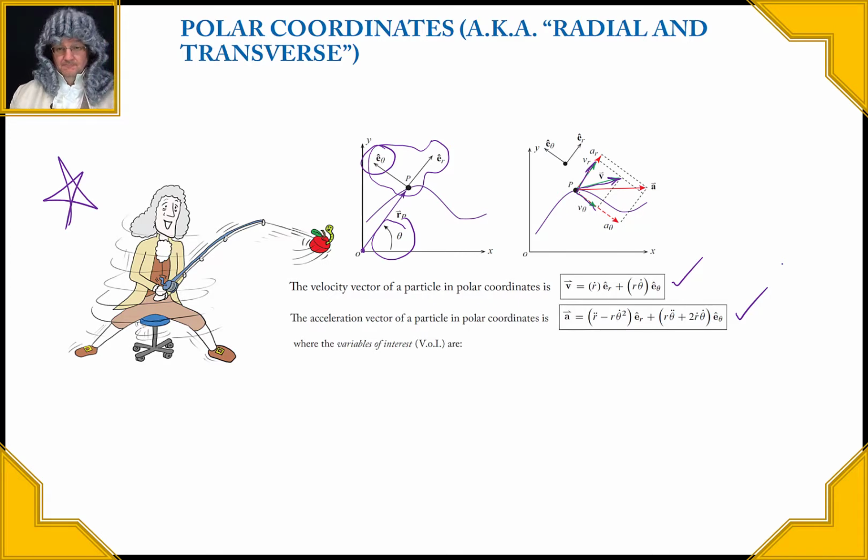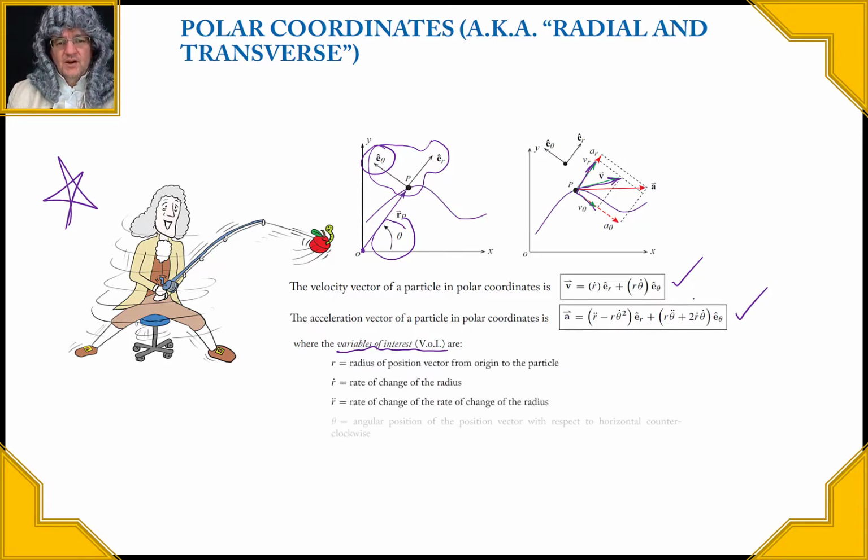So when setting this up, I think a good attack, a good way to think of these problems is something I refer to as the VOI, the variables of interest, right? You'll see that there's r and r dot and r double dot, and theta, theta dot, and theta double dot. There's really going to be 6 of these variables of interest, right?